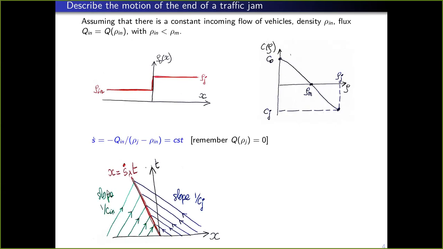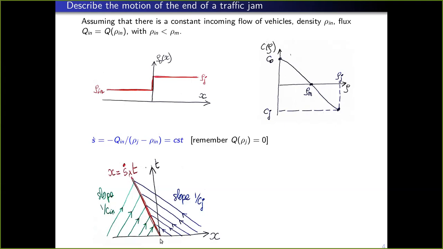So it means this curve has a slope 1 over C in. And it's important to say that it's not the cars, but the motion of a perturbation of density. Here, the perturbation of density moves backward with negative slope, 1 over Cj, since I plot t as a function of x and not the opposite. So here one has a negative slope. Indeed, the characteristics would tend to overlap.